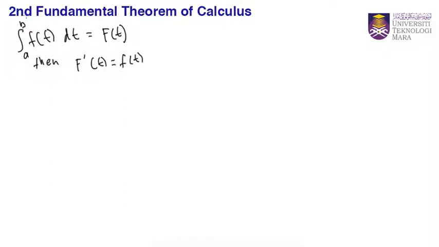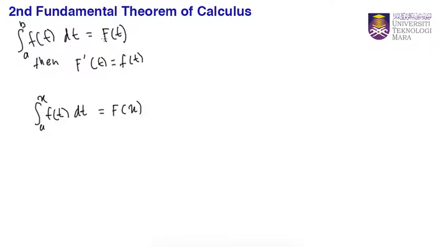Now we are going to look at the second fundamental theorem of calculus. Again, from the first theorem, we use the limit from a until b. Now we are looking at something a little bit different, which is we know that from the first theorem, the integral of f(t) dt from a, which is a constant, until x, we will get F(x), right?